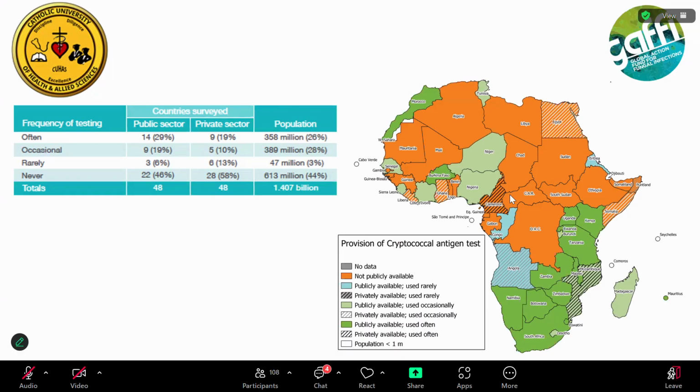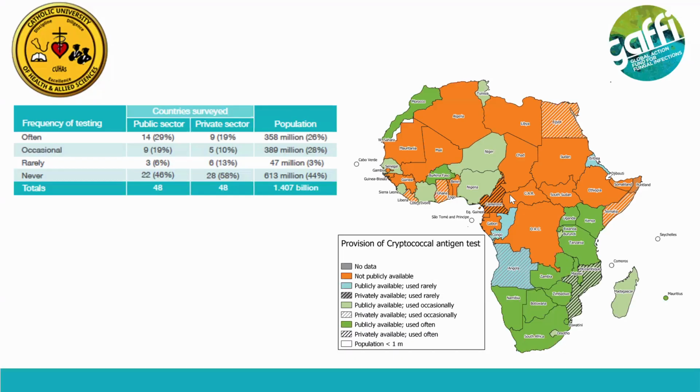It is available in Tanzania, Kenya, Uganda, and Rwanda. They are available in public health facilities, but we have some countries where they do have the CrAg test, but utilization of it is only occasional.